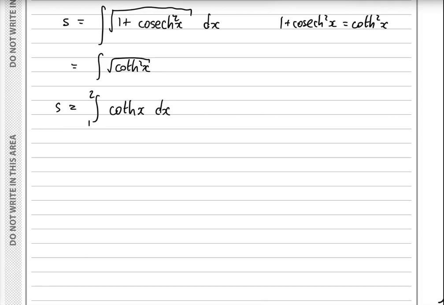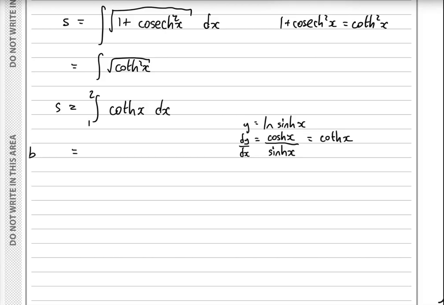So what I'm going to do on the side is start with log of sinh x, differentiate that, and see if I get coth. And if I do, then I can integrate back to this. As with what we had previously, differentiate the log, you get the function in the denominator and the derivative of the function, which in this case is cosh, and that is 1 over tanh, which is coth. So that's correct.